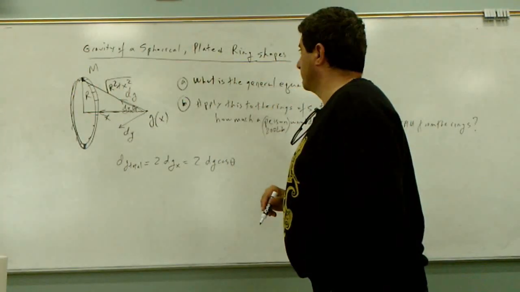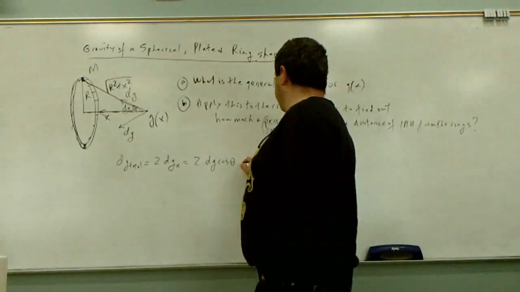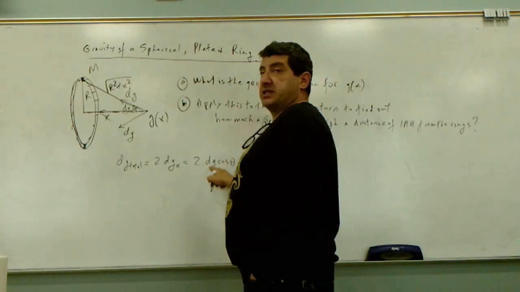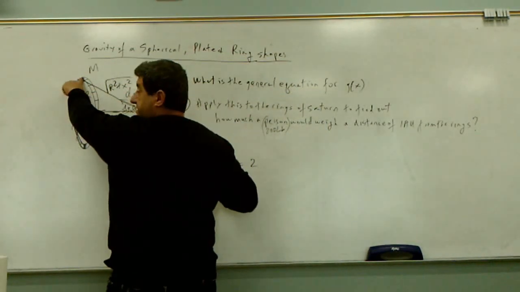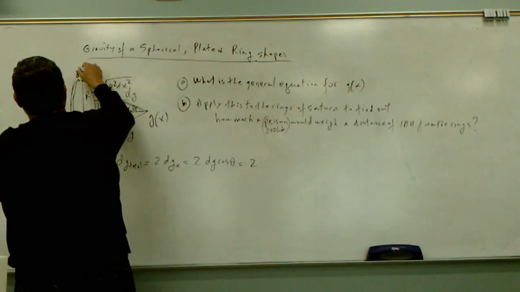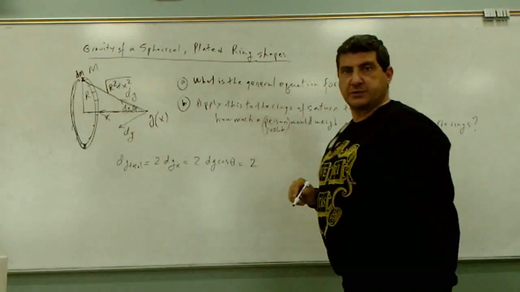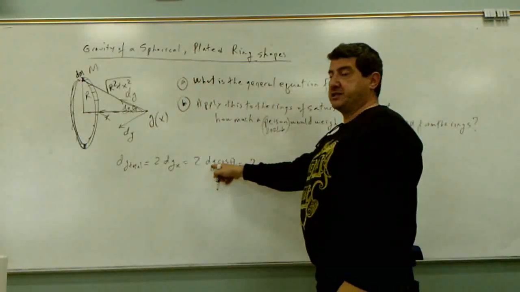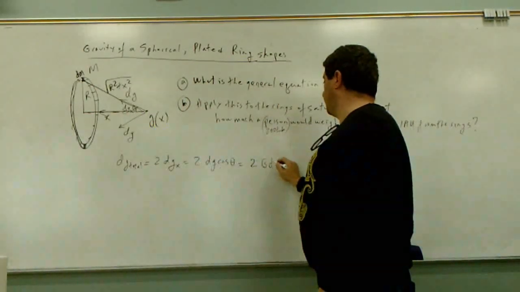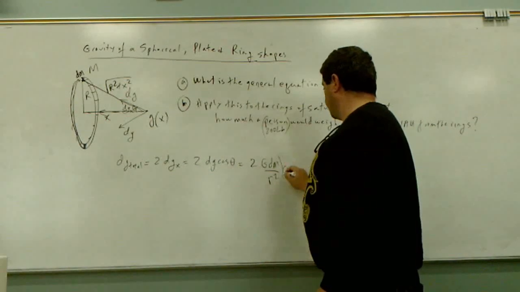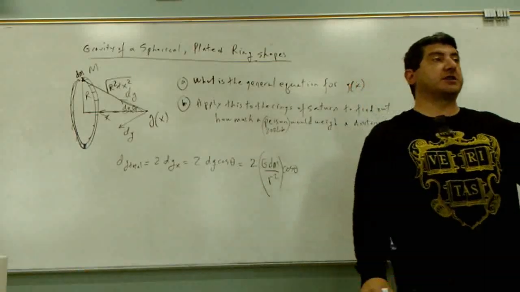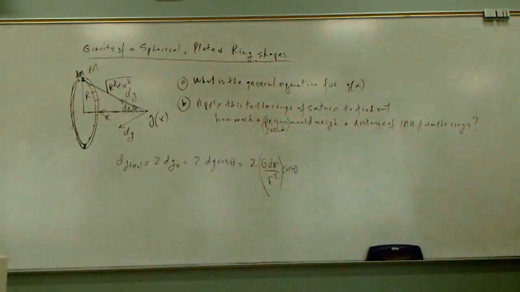And then this is square root of r squared plus x squared. Right? So what's 2 dg going to be? It's the gravitational field created by one of those pieces. Well, one of those pieces has a mass dm, right? So the gravitational field created by that is going to be g dm over r squared.